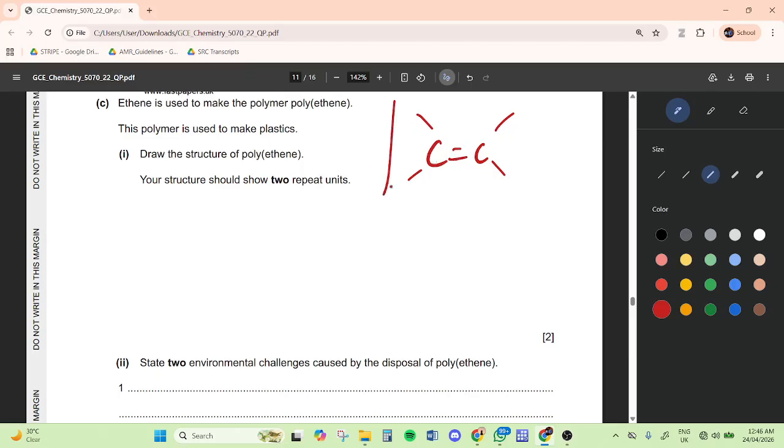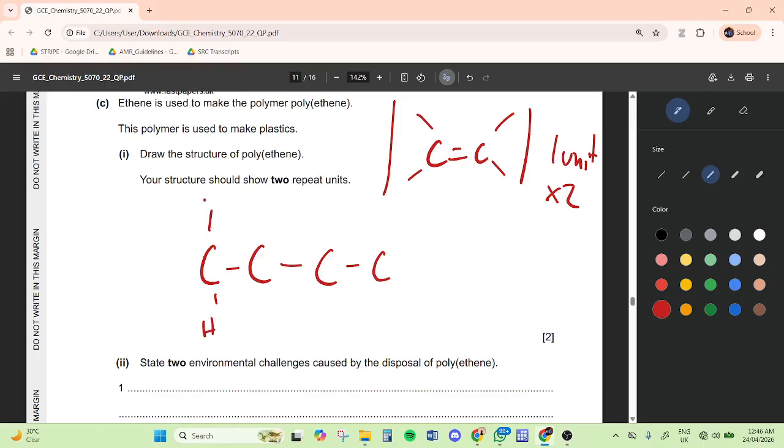So this constitutes 1 unit. You're going to multiply this into 2. So this is 1, and then you've got 2. And then you're just going to draw the hydrogens over here. Again, this is also very simple, nothing complicated at all, nothing to be afraid of.